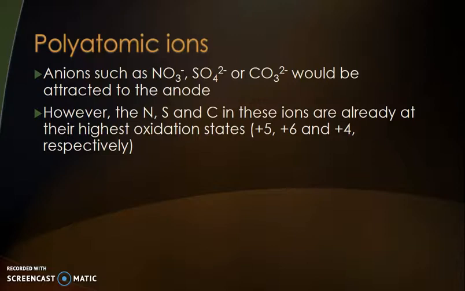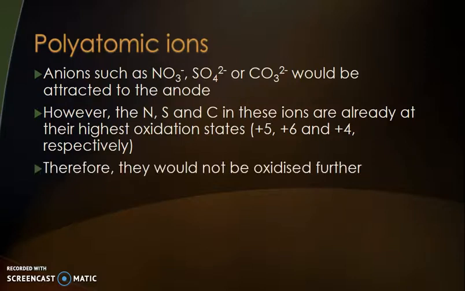So the nitrogen is +5, the sulfur is +6, and the carbon is +4. Because they're already at their highest possible oxidation state, it is impossible to further oxidize those species. So when you've got nitrate, sulfate, or carbonate, you cannot further oxidize those things.